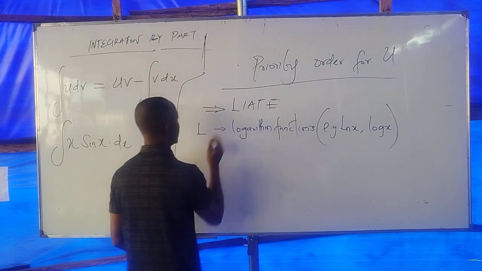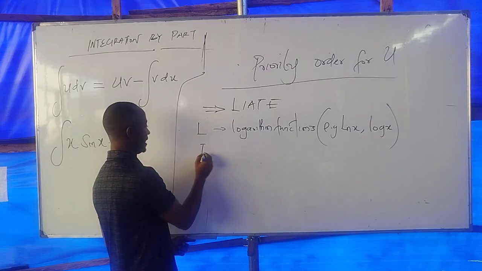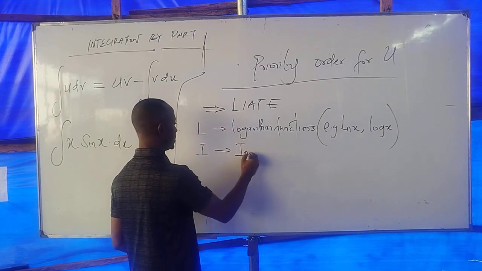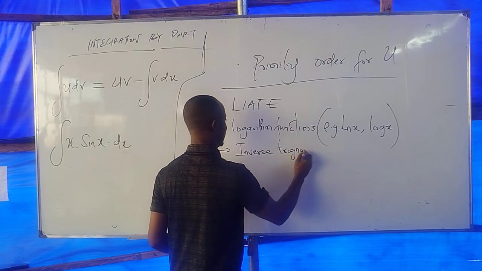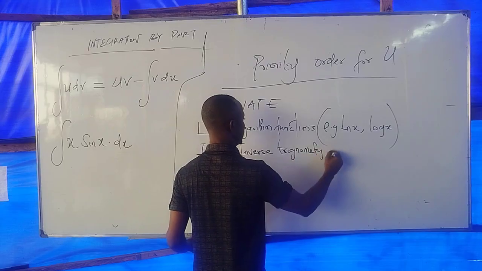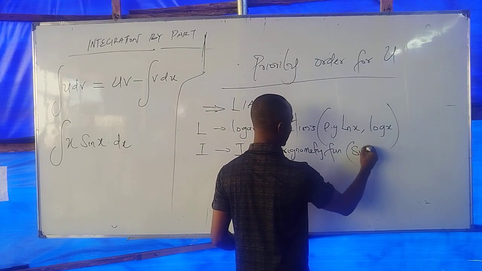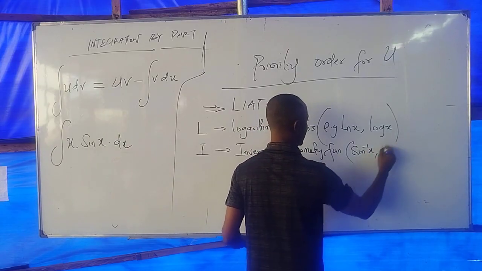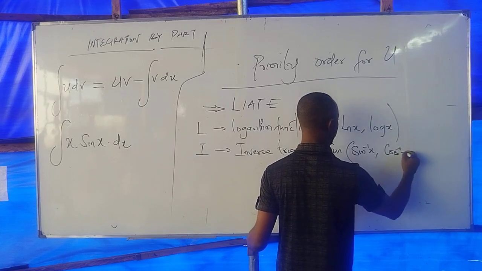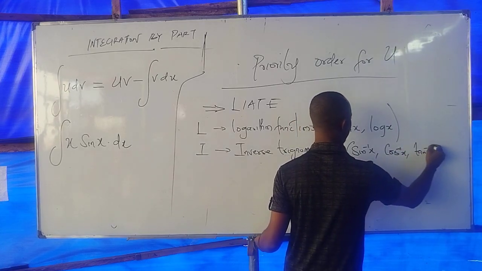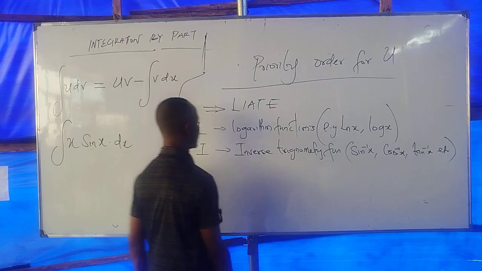The second letter, I, represents inverse trig functions, like sine inverse of x, cos inverse of x, tan inverse of x, etc.